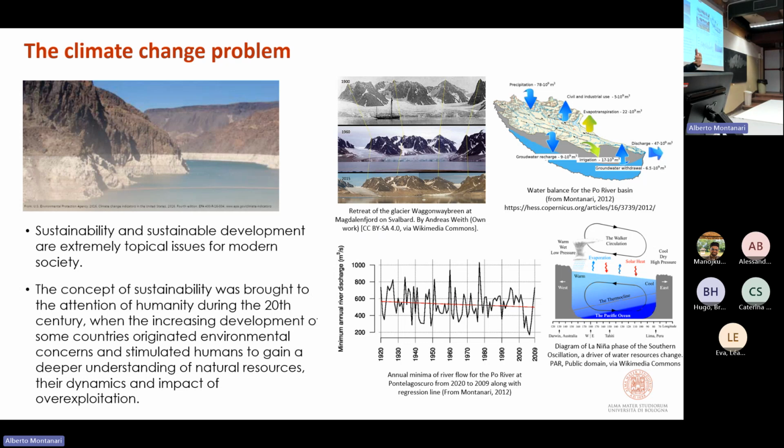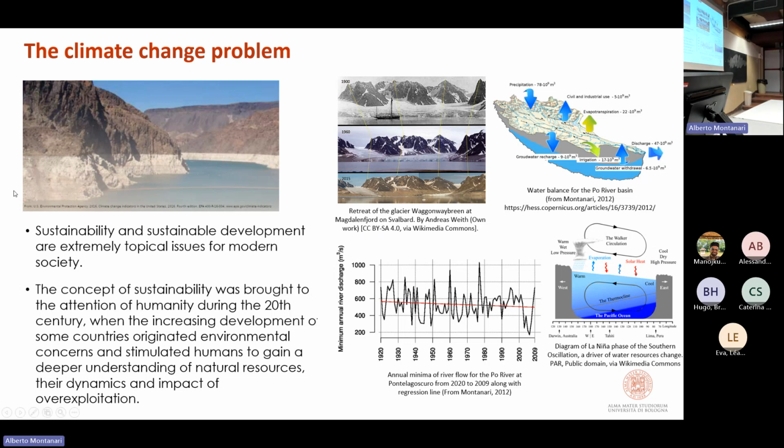And therefore, if we exaggerate with water exploitation, of course, we run the risk of running out of water. And groundwater is indeed relevant because in most of the countries, at least in the Western world, it is the main provider for drinking water.